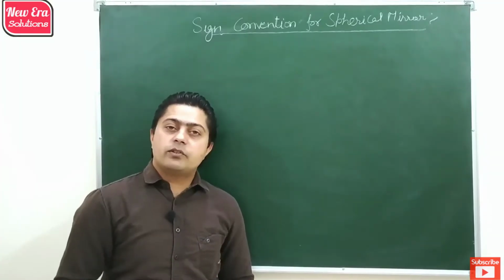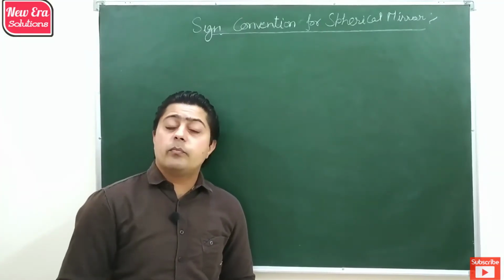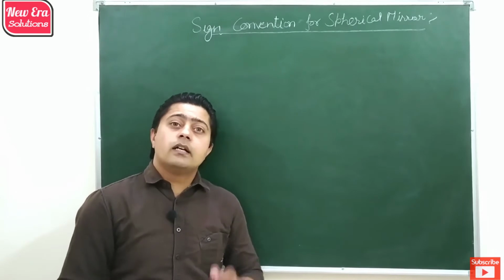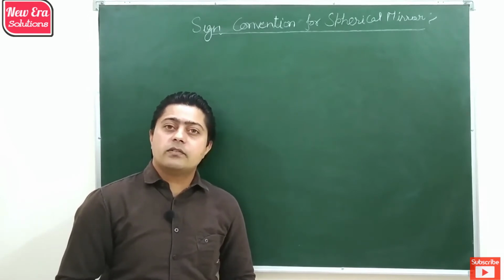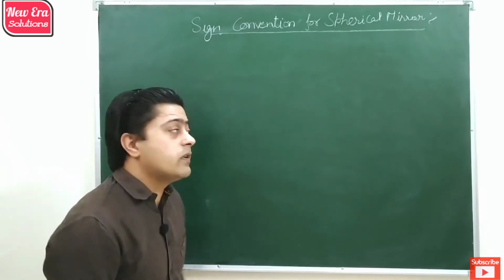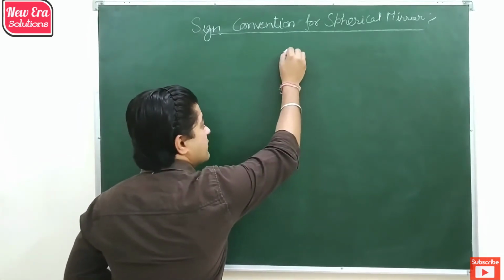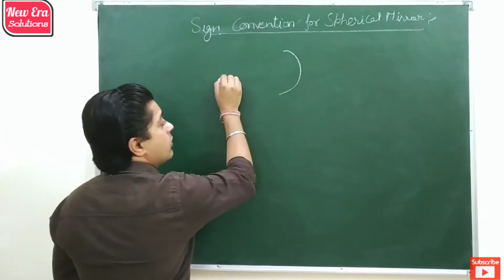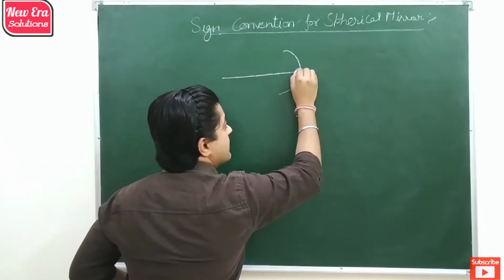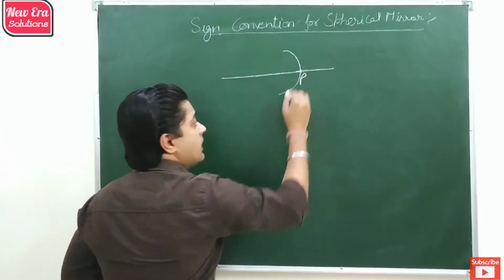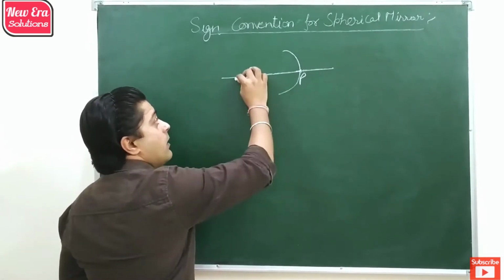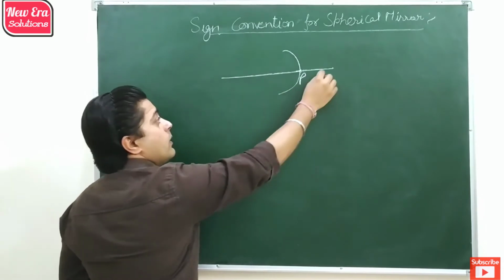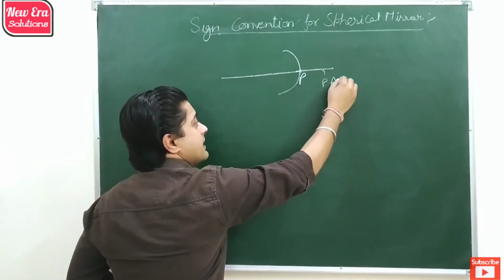In sign convention we learn how the positive and negative signs are assigned to the various distances related to spherical mirrors. As we know, in case of a spherical mirror, all the horizontal distances are measured from the pole of the mirror and all the vertical distances are measured with respect to the principal axis.